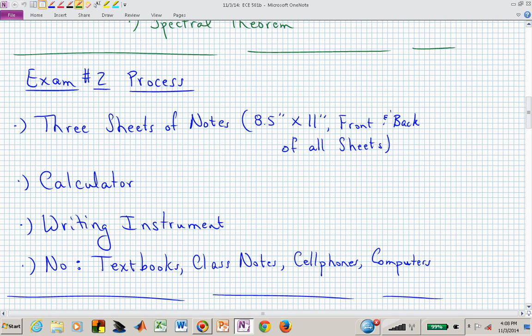You can bring in a calculator and something to write with, but that's all the peripheral tools you need. I don't even know if you'll need a calculator, but maybe it's helpful. Okay? No textbooks, no class notes, no cell phones, no computers, no neighbors.